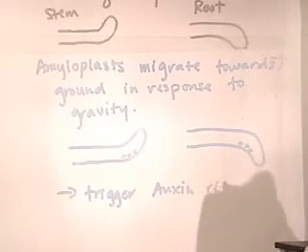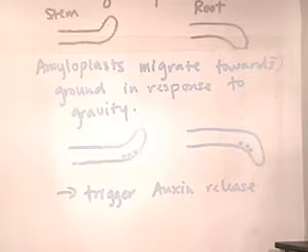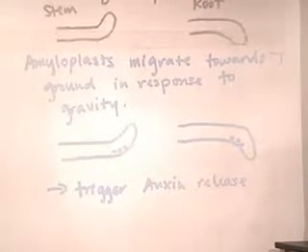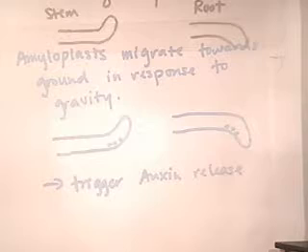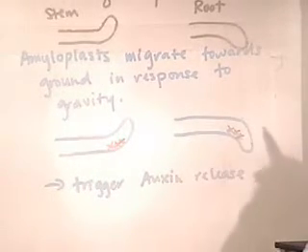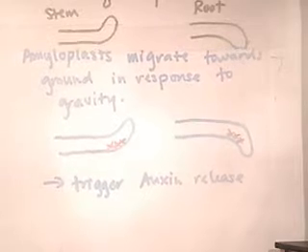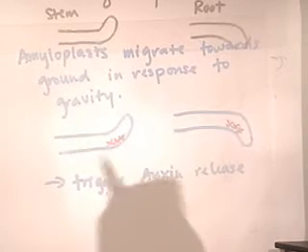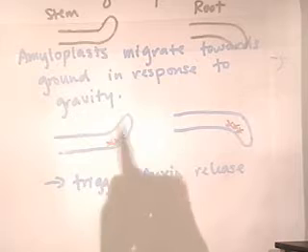So it triggers auxin release, which means now I have a lot of auxin being produced down here and down here. So once again, because of that auxin, now you're going to have differential growth.